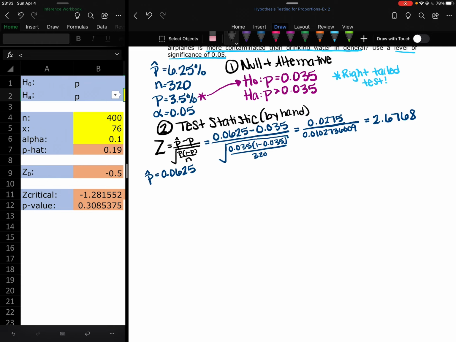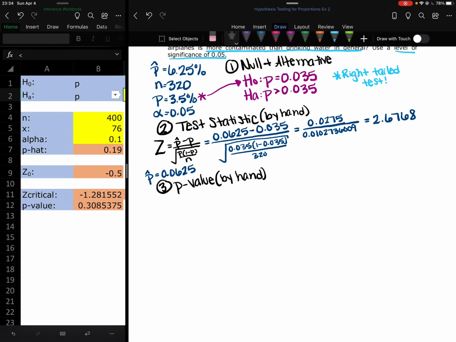And then step 3, once you have that test statistic telling you how far away from the mean you are in terms of standard deviation, you find the p-value by hand. And again, p-value stands for probability, so we know our answer for step 3 has to be between 0 and 1.